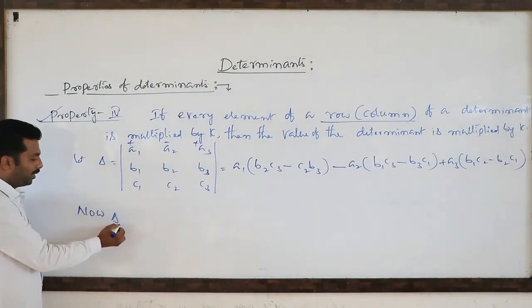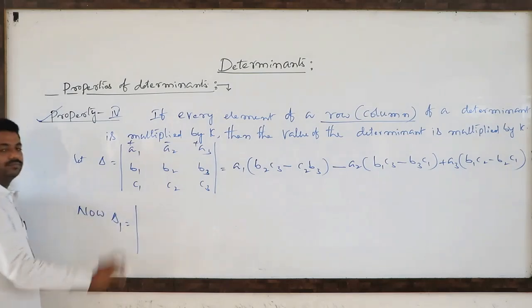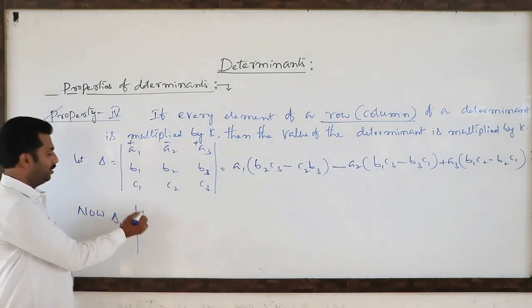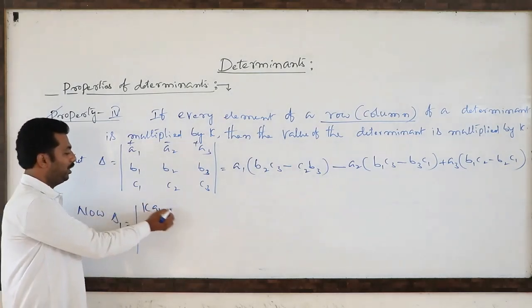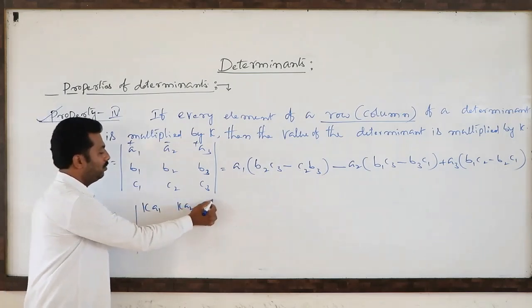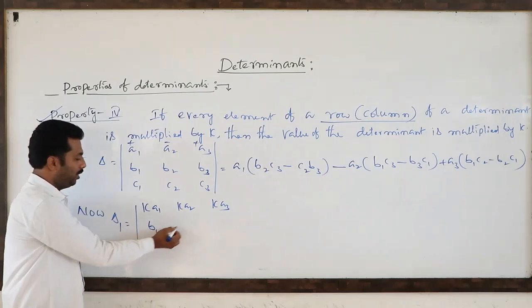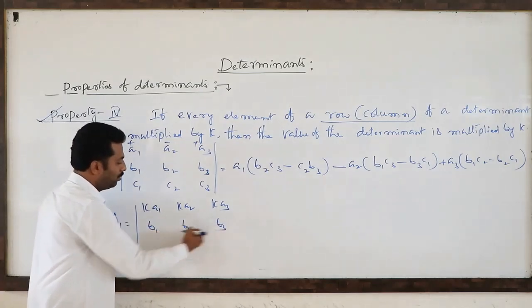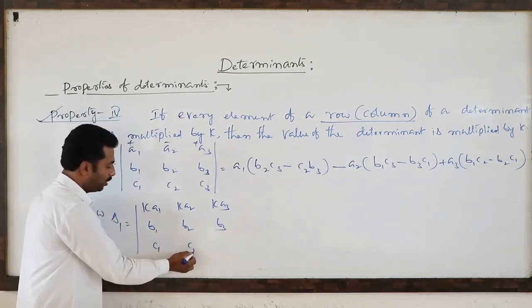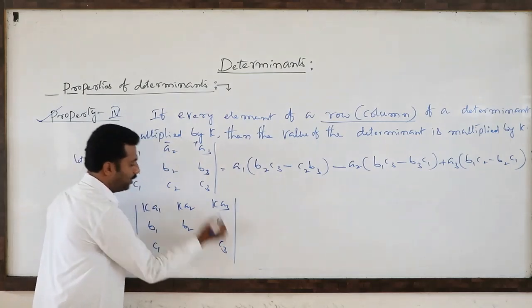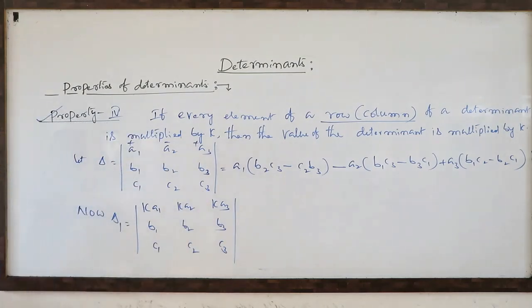Now I am taking another determinant, delta 1: K into A1, K into A2, K into A3; B1, B2, B3; C1, C2, C3. What is the concept here?